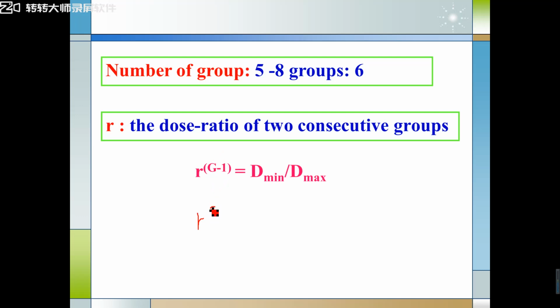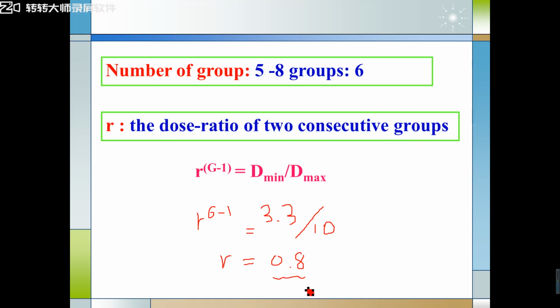Group number is 6 groups, so subtract 1 makes 5. The Dmin we obtained in the pretesting is 3.3. Divide by the max, we also obtained the max, the upper limit dosage is 10. So from this equation, we can calculate R equals 0.8.